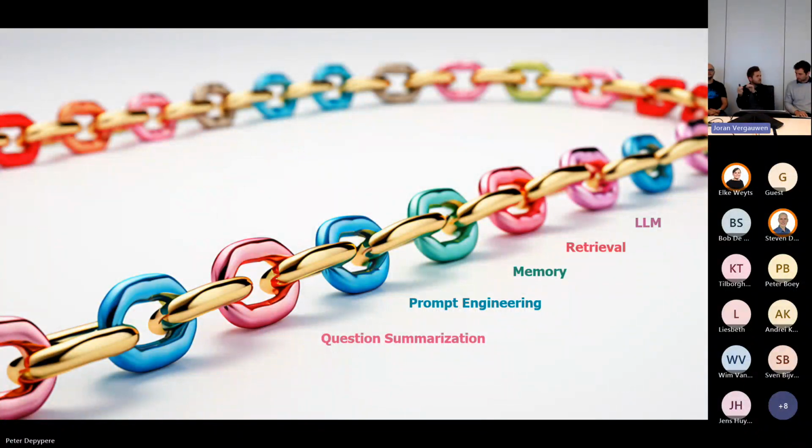These will all be small chains in your process. And then LangChain will be the golden chains that keep them all together. It's the framework that makes sure we are doing everything in the correct order and that everything is organized.